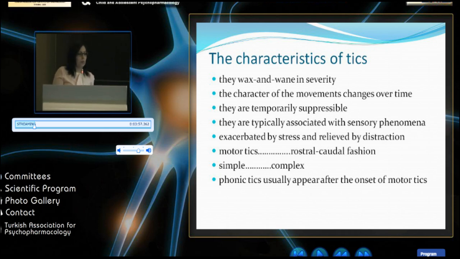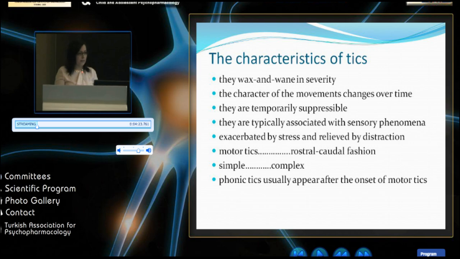Increasing and decreasing in terms of severity is a feature. On certain periods it increases, and on certain periods it decreases. There we talk about the sensory phenomena as association, exacerbated by stress and relieved by distraction. The course goes from the trunk to the extremity. It starts with the face, then it passes through the extremities.